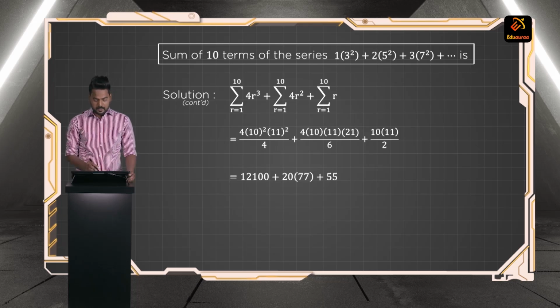The next term will be 2 into 10, which is 20, and 11 into 7, which is 77. Plus the next term, 5 into 11, will be 55.